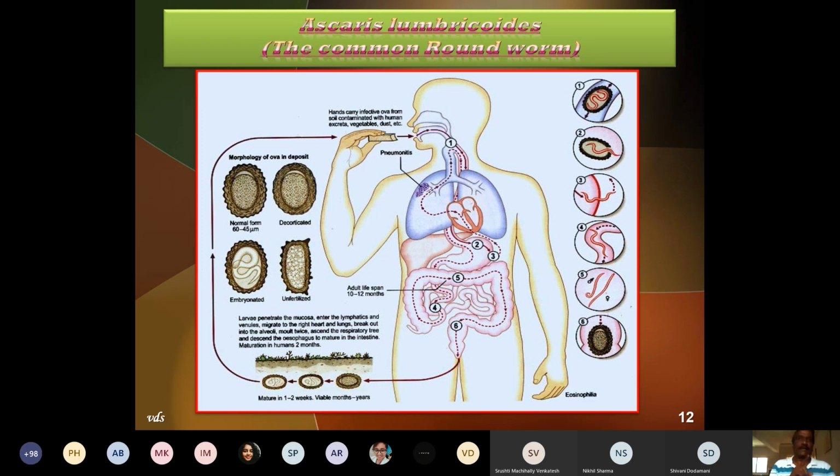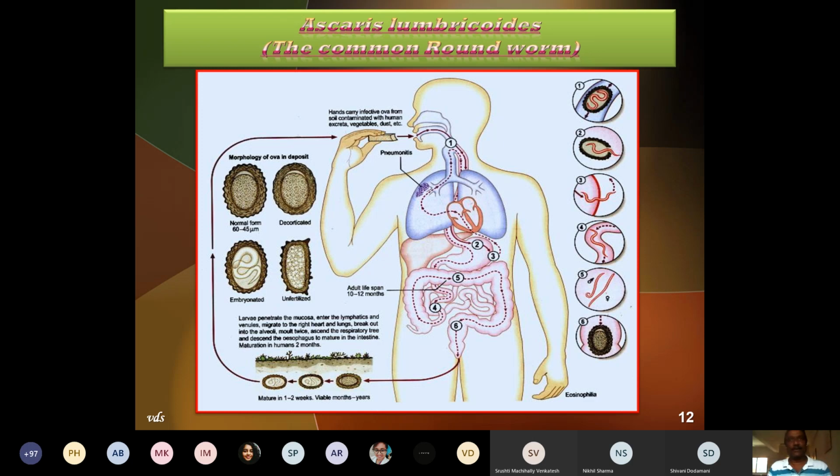When the parasite travels from the lungs through the bronchi and trachea to the larynx, pharynx, and epiglottis, it is swallowed again and comes into the small intestine, the duodenum. By then, it has completely developed, and now it can mature into sexual forms, male and female.